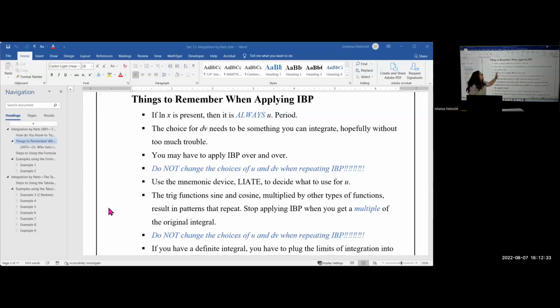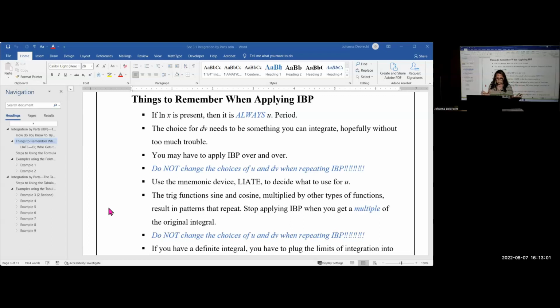Now, there are some things that you need to remember when you're applying integration by parts that you don't want to forget. If one of the functions is natural log of x, it's always going to be u. There are no exceptions to this rule. It's always u, period. Don't ask, don't debate it, just accept it and move on, all right? We'll see why it becomes u every time. So remember, we're taking the integral of u dv, and we're getting u times v minus the integral of v du.